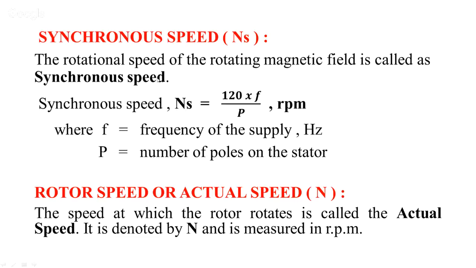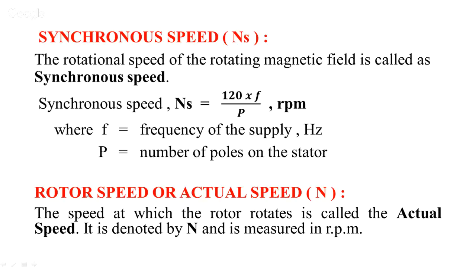Now what is synchronous speed? The rotational speed of the rotating magnetic field is called the synchronous speed. It is represented as Ns and is given by the equation 120 F by P. It is expressed in RPM, where F is the frequency of the supply in Hertz. P is the number of poles on the stator.